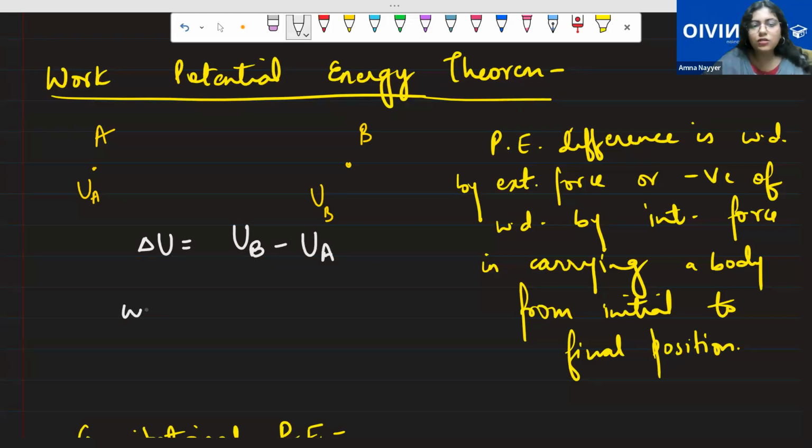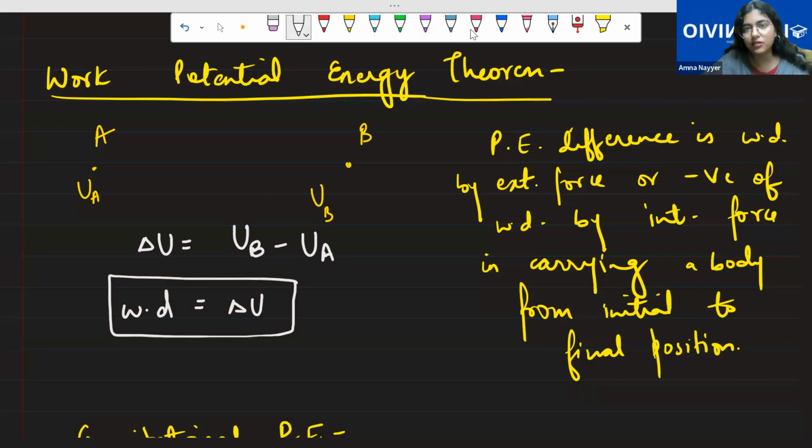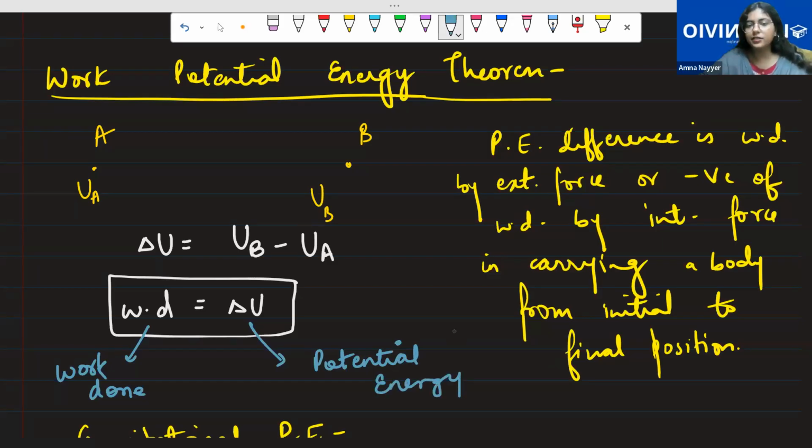This work done gets stored in the form of potential energy. This is the work done, while this is the potential energy.